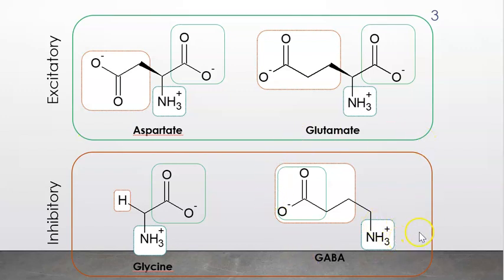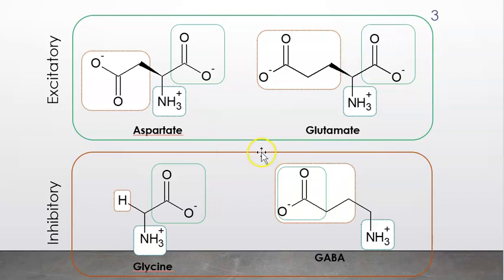GABA is not proteinogenic. It's a specialized amino acid that is really only used as a neurotransmitter, so there aren't proteins made up of GABA. It's the only one. But you will need to know what proteinogenic means and know that all the other ones are proteinogenic.